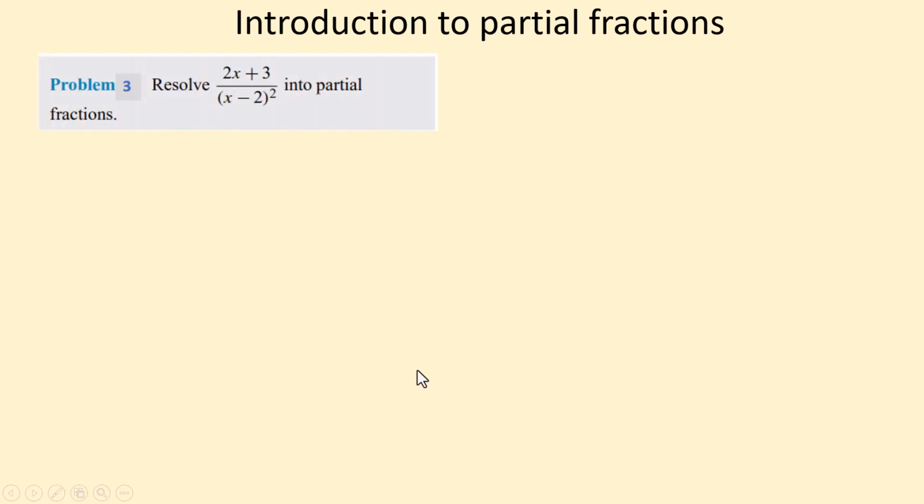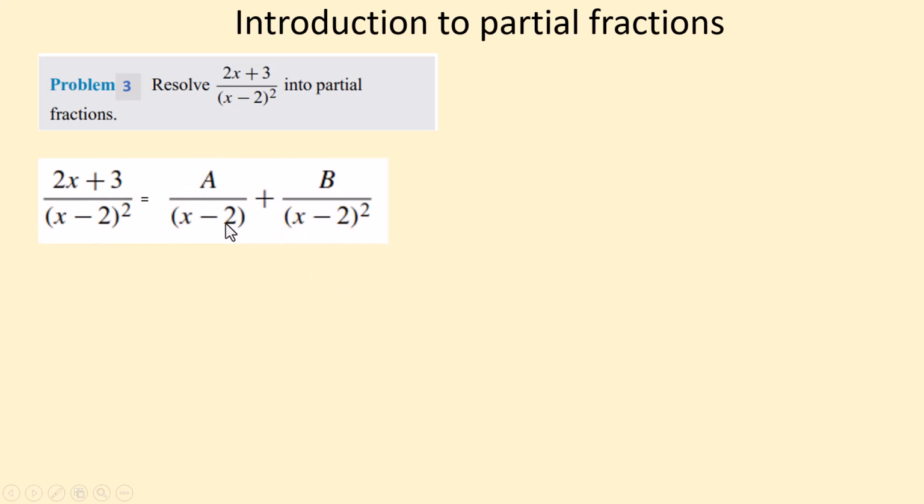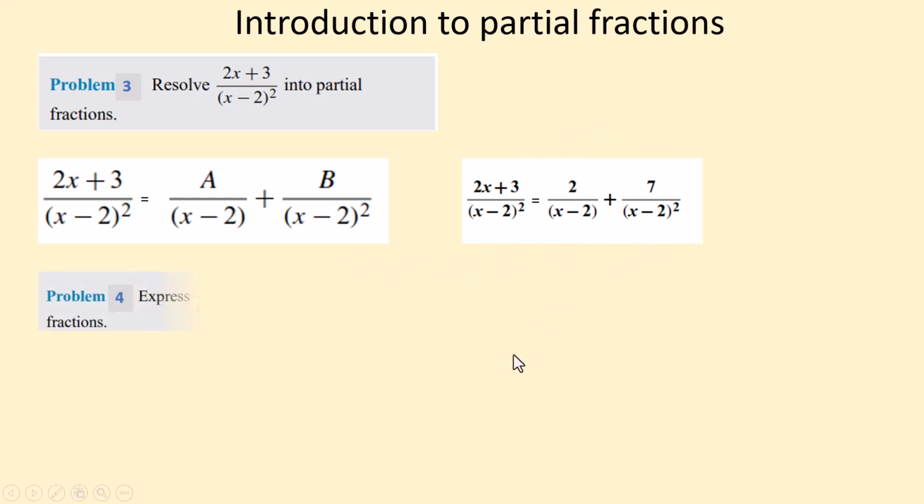We have another example, for example, (2x plus 3) over (x minus 2) squared. What is this factor? This factor is a repeated factor, so it becomes a over (x minus 2) plus b over (x minus 2) squared. You can find the solution. The solution is this. You solve it by yourself, then compare the solution with this one.